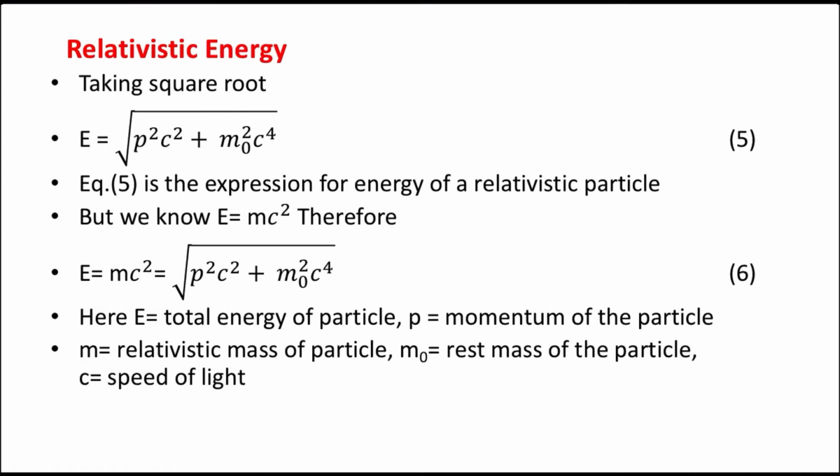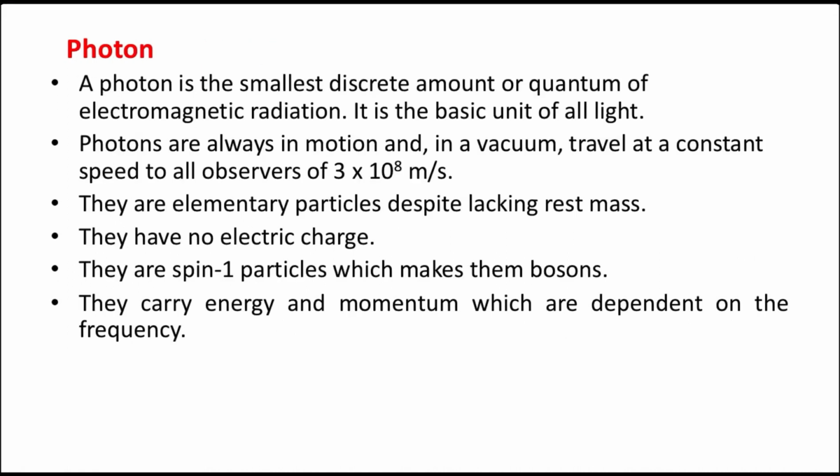Now this is our equation 6, and in equation 6, the term E, capital E, represents the total energy of the particle. p is the momentum of the particle, m is the relativistic mass of the particle, m0 is the rest mass of the particle, and c is the speed of light. So equation 6 gave us the relation for relativistic energy of a particle.